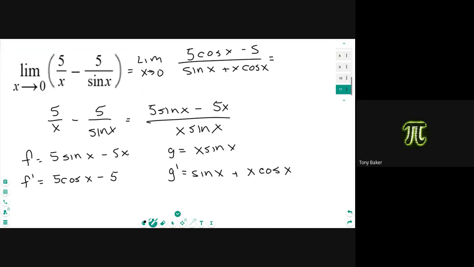We plug in 0, what do we get? We get 0 over 0. So we got to do, and there's nothing I can do to simplify that the way that it's written. So L'Hopital's rule again.